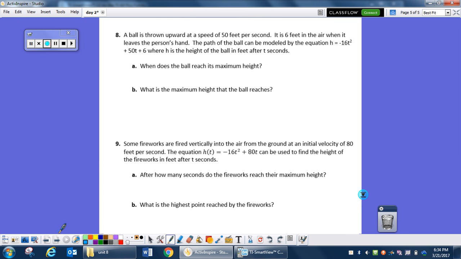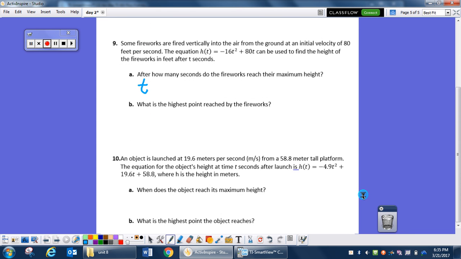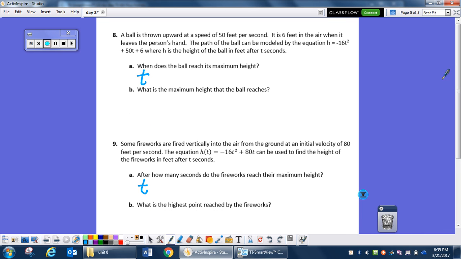Alright, and then on the back, I want to just go through maybe 1 or 2 of these. So on the back, you're still doing the same thing. In part A each time, it's asking for when, which means it's going to want t. So that's going to actually be the x-coordinate of your vertex, because each time in these you're going to be calculating your vertex.